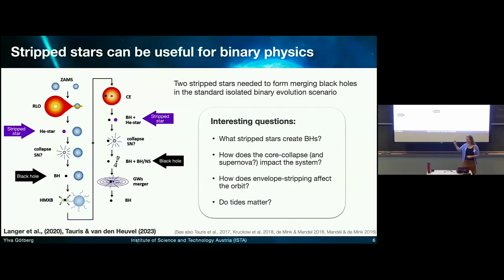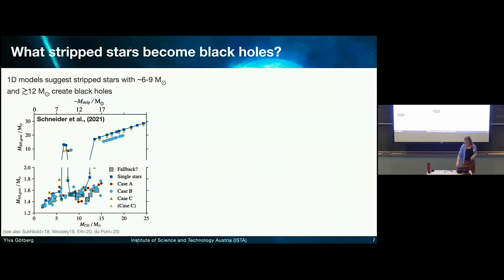So let's start with the first question, just so that we're all very clear that there is a connection. This diagram is 1D supernova models that were created by Fabian Schneider. And he plots here the carbon-oxygen core mass on the x-axis, but I took the liberty to put the strip star mass on top.